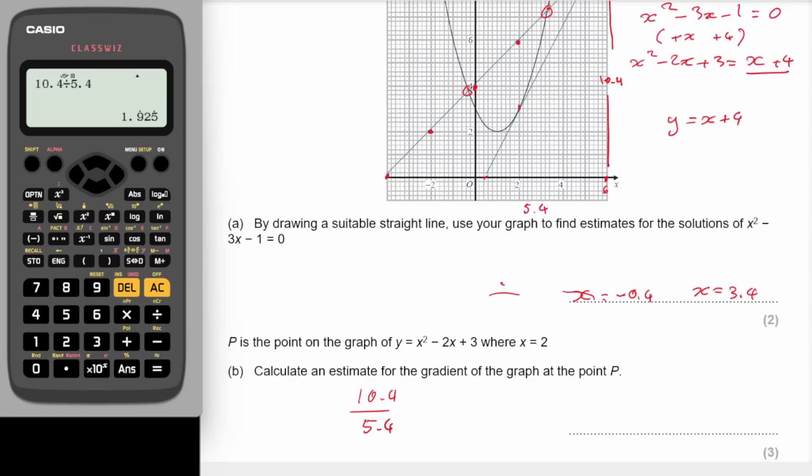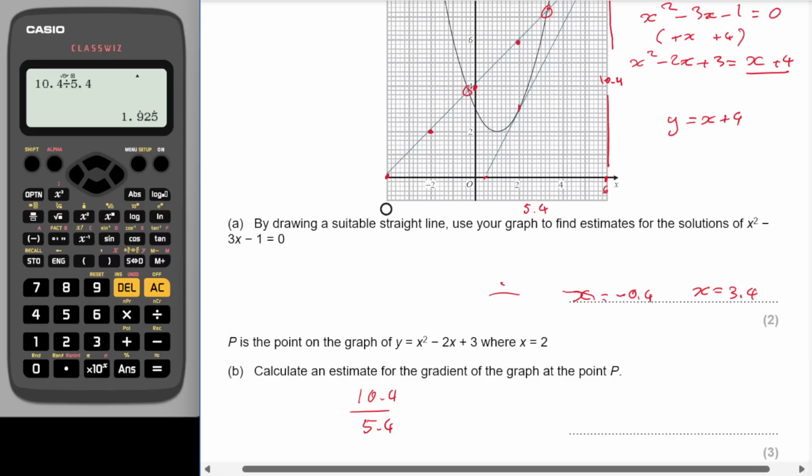So we're looking at 1.925. So let's go to two decimal places, 1.93.